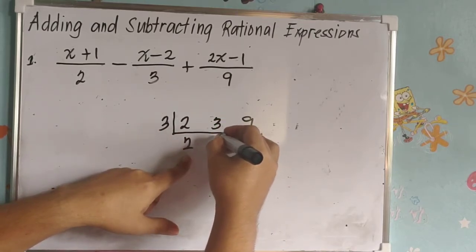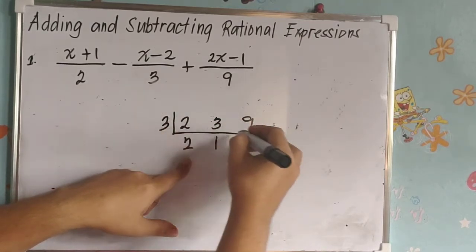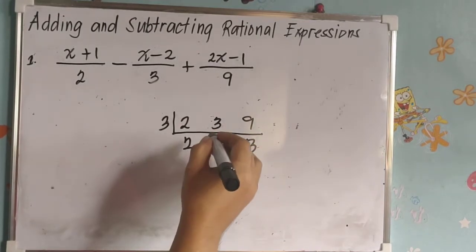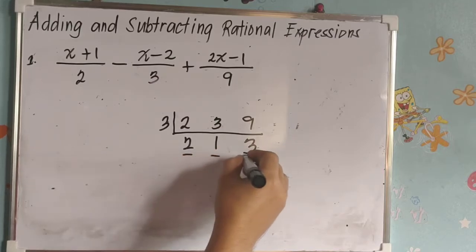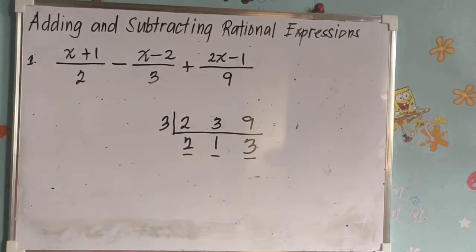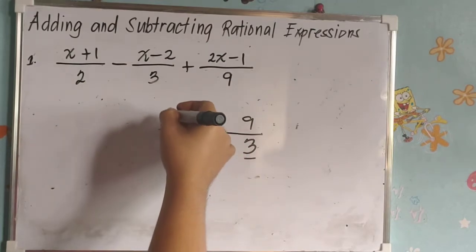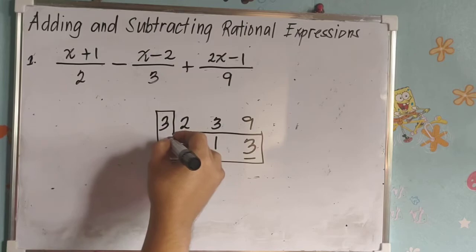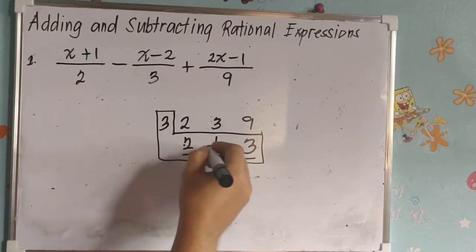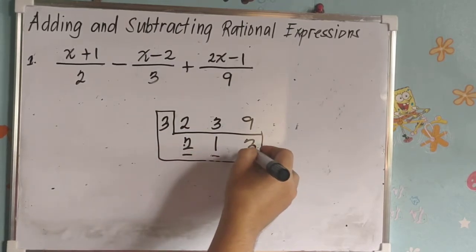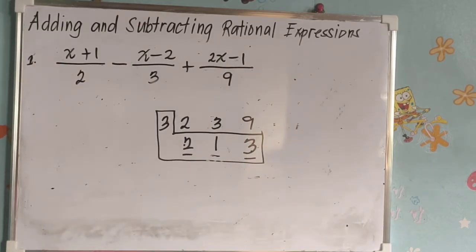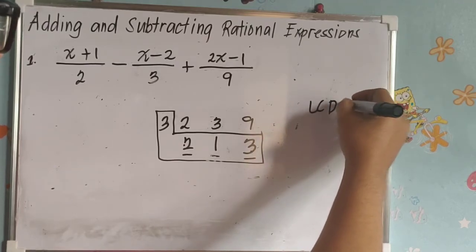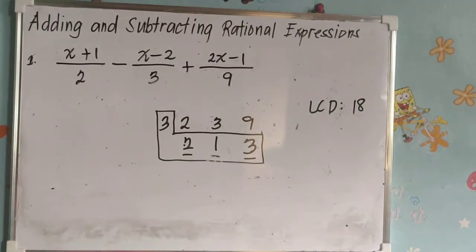Then 3 divided by 3 is 1, and 9 divided by 3 is 3. Observe that the numbers below are all prime numbers, so we can now multiply: 3 times 2 is 6, times 1, 6 times 3 is 18. Therefore, the LCD here is 18.